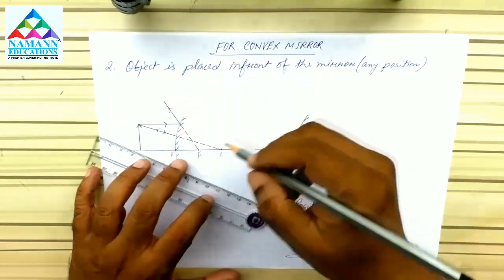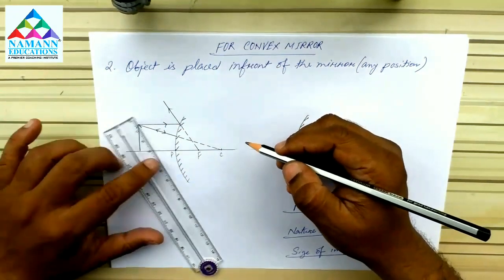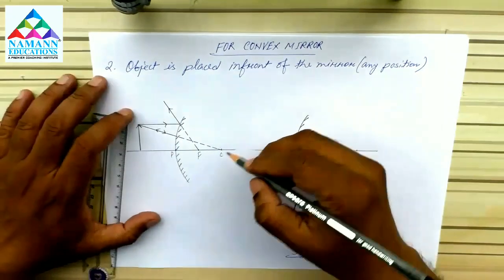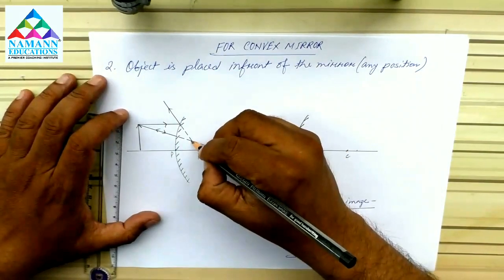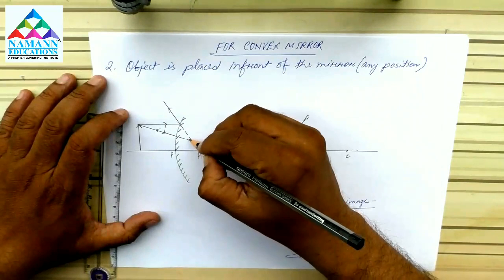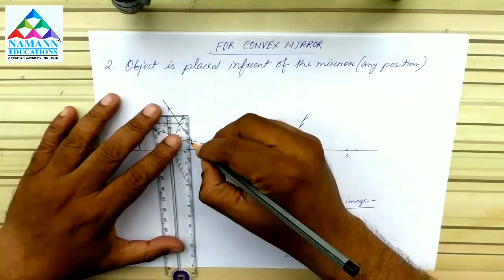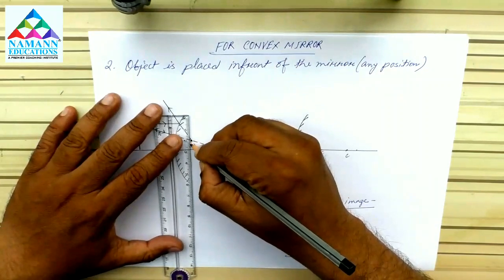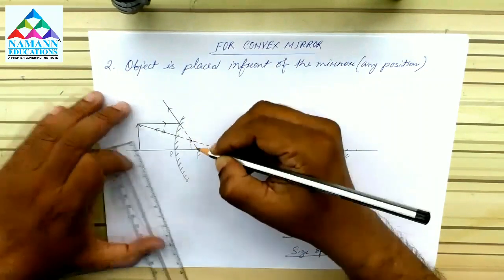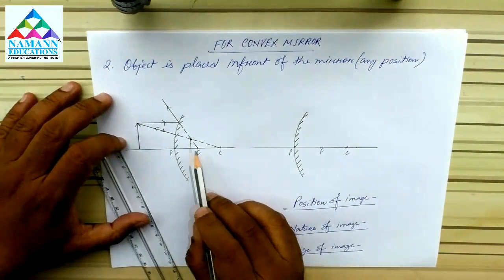So it appears that the two reflected rays are diverging from this point, this one as well as this one. So we'll get a virtual and erect image of the object between P and F. You should draw a dotted line for virtual image, and this is the image.